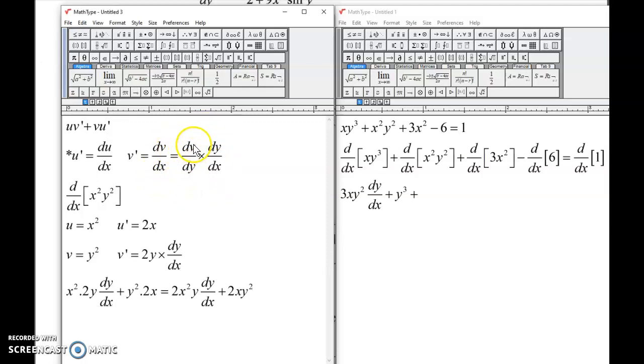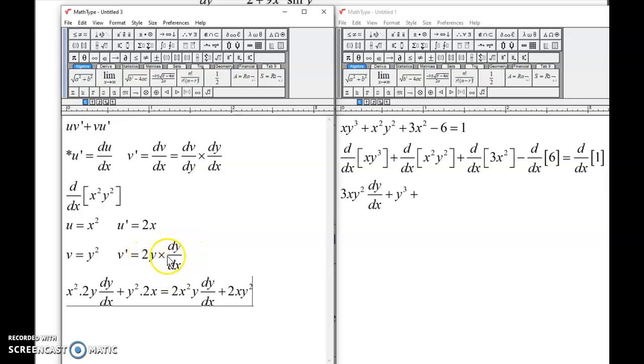So dv over dy times dy over dx. dv over dy, we can use this one, so it will become 2y, and dy over dx you just copy it back because you don't have y in terms of x.